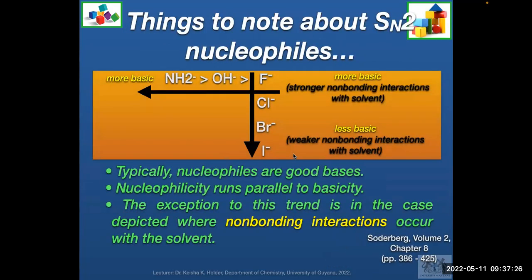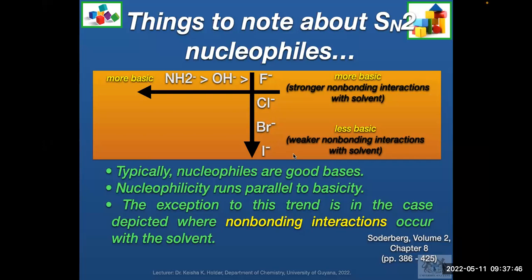So there are some things for us to note about nucleophilicity in the SN2 context. And while we did speak a lot about nucleophiles in general, we have to now go back and do some tidying up and fill in some spaces.